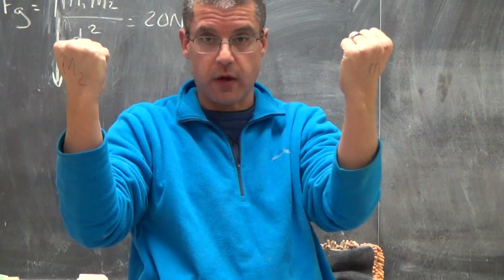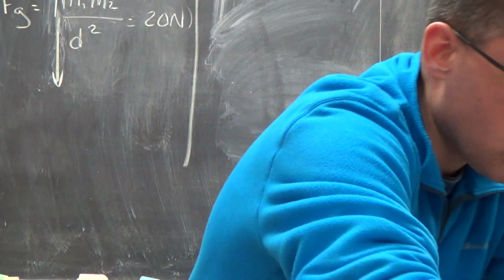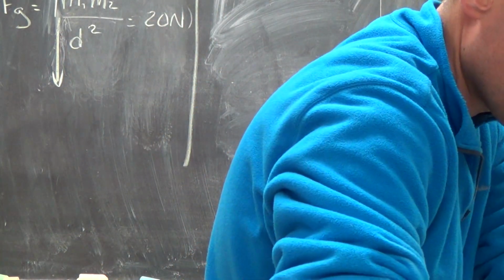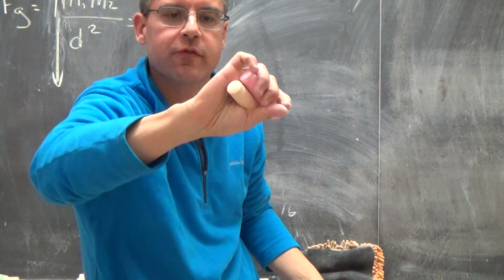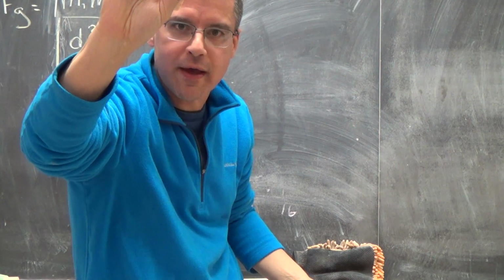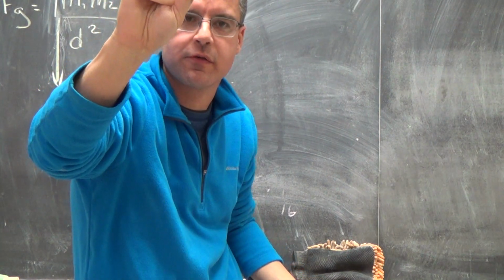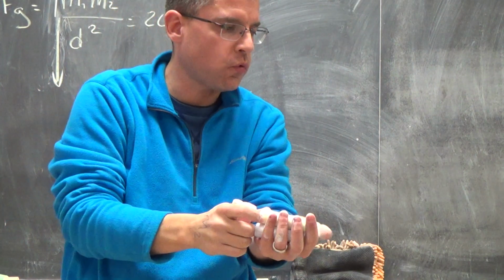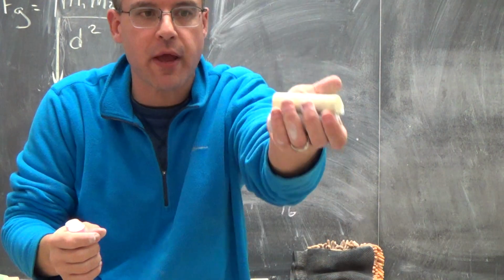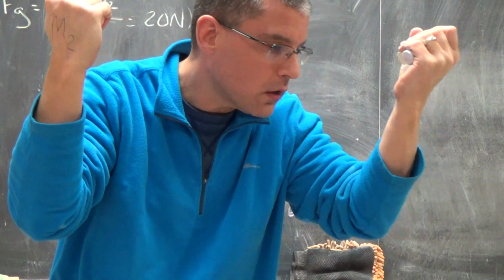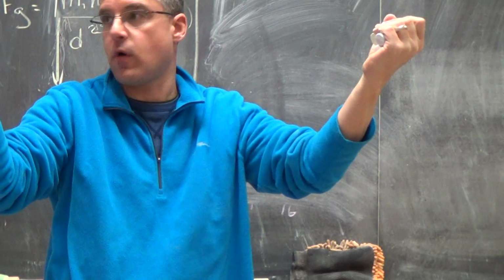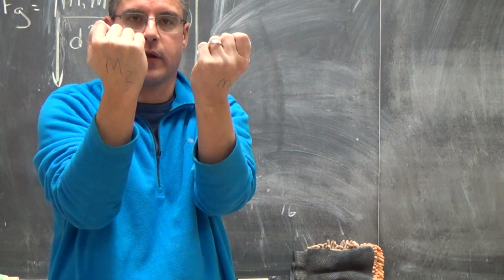But now, check this out. Increase one mass by a factor of 2. Look how valuable chalk is. Increase one mass by a factor of 3. We just added mass. And we're gonna decrease distance by a factor of 5. Well, I don't know how to do that, but we're gonna bring them closer together.